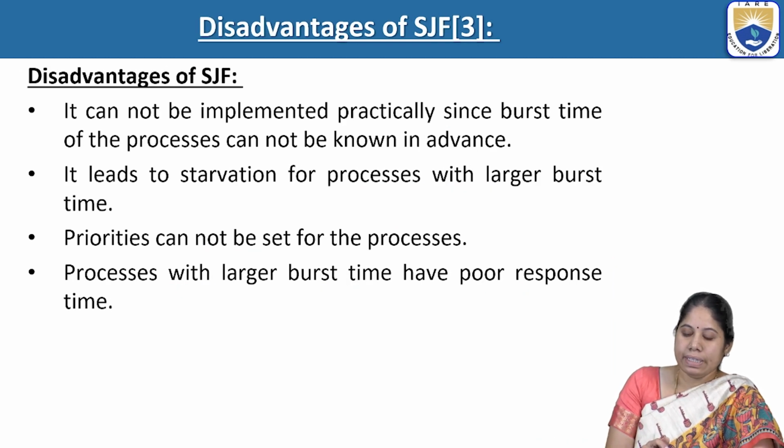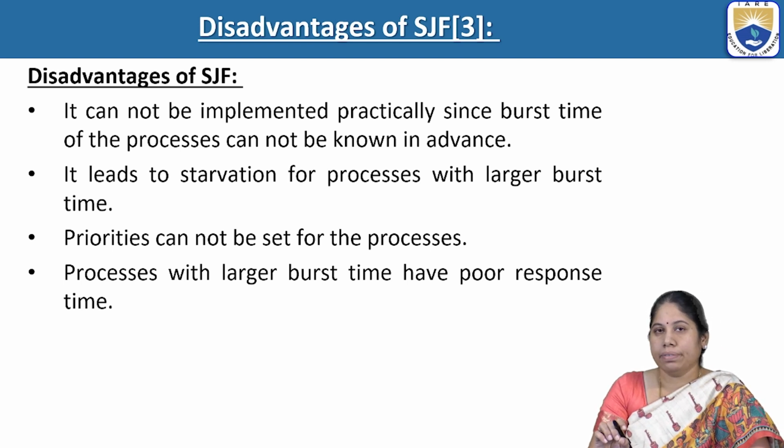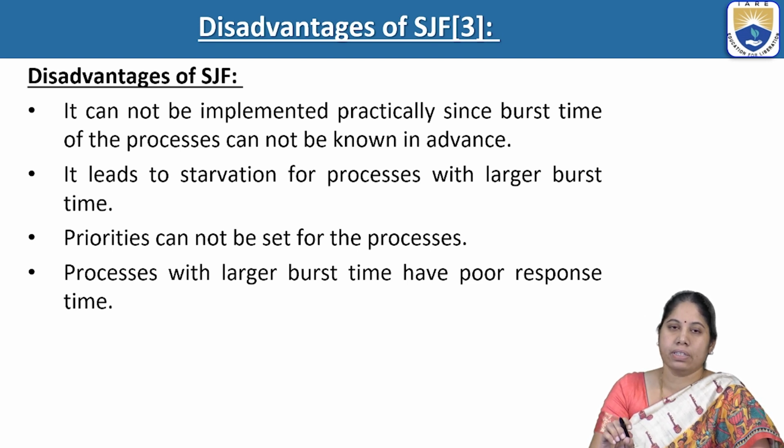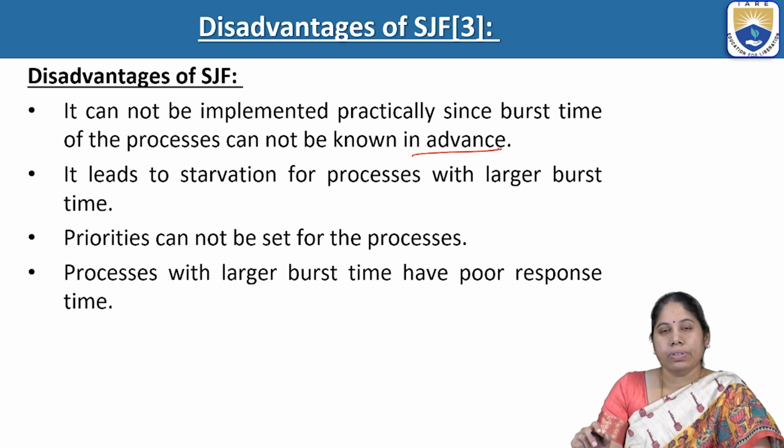Let us see the disadvantages of the shortest job first scheduling algorithm. It cannot be practically implemented because the burst times of processes are not known in advance. This scheduling algorithm may also lead to starvation.